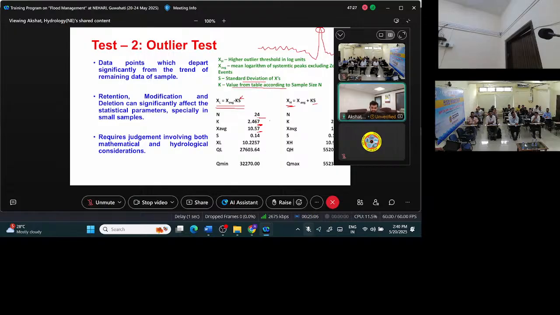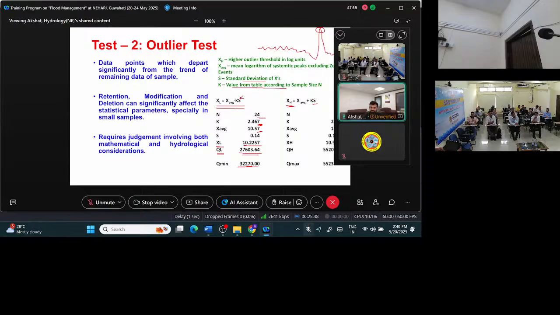On the basis of this, the lower outlier in the natural log transform came out to be 10.2257. When we convert it using anti-log, we get QL, the lower outlier, as 27,000, whereas our minimum value is 32,000. So it is above the lower outlier, so there are no lower outliers in the data set.